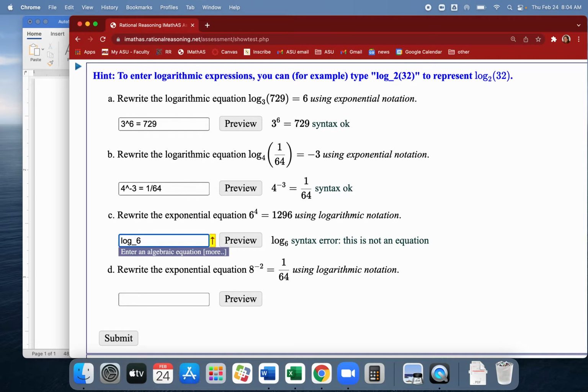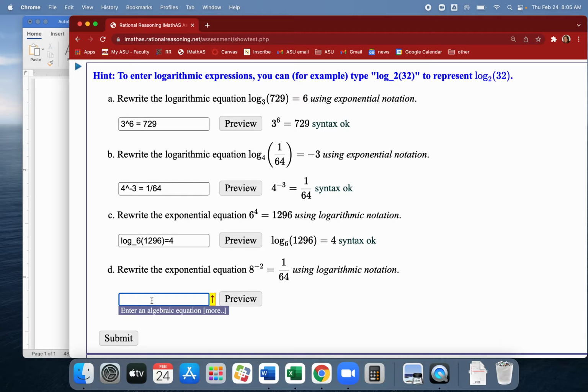Log base 6 of what? 1,296. To turn a 6 into a 1296, I need an exponent that is 4. So log base 6 of 1296 is a weird and unpleasant way to describe the number 4, but they're equivalent, so that means that's a way you could write 4.